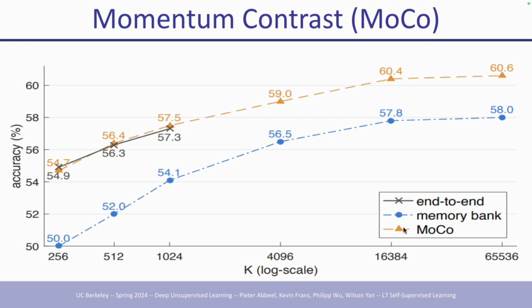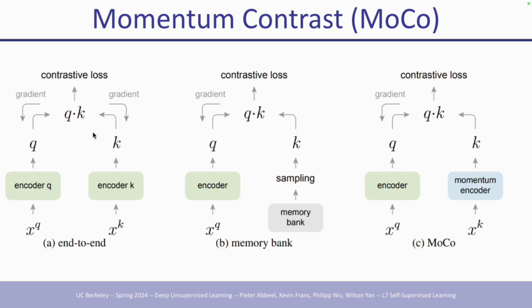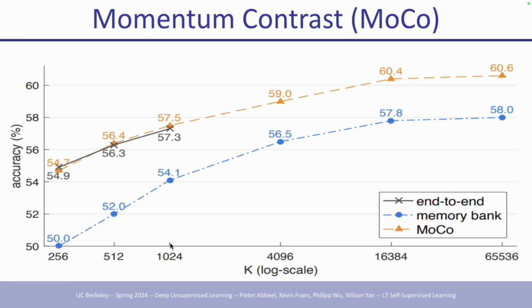This is the accuracy on ImageNet that we're showing over here, and they compare against the different approaches. So end-to-end is what we just went over here. This is A. You can see that they're only able to scale up to a batch size of 1024 before, compute-wise, at the time, they weren't able to scale further. If you just use the memory bank, you can see that the performance is a bit lower down here.